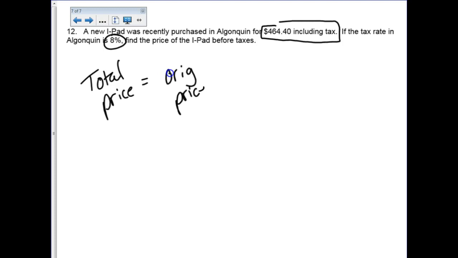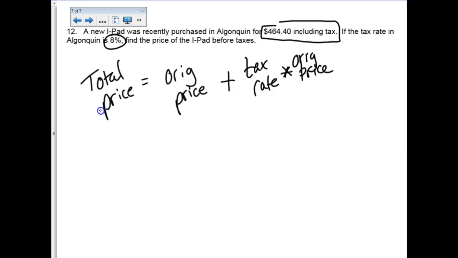Because you're just buying one thing. But then you have to add into that all your tax. And the way tax is found is you take a tax rate and you multiply it by the price, the original price again.